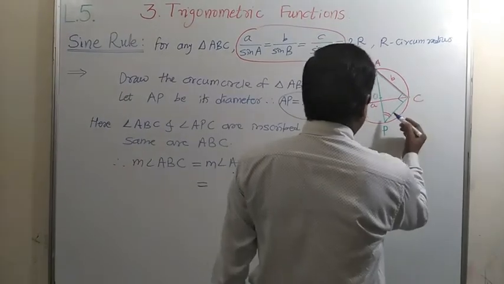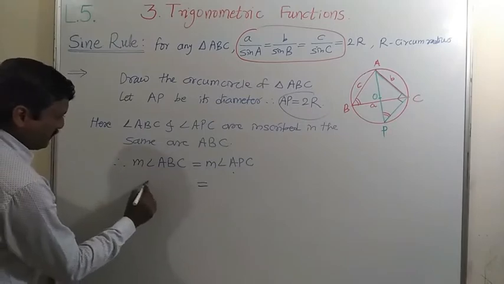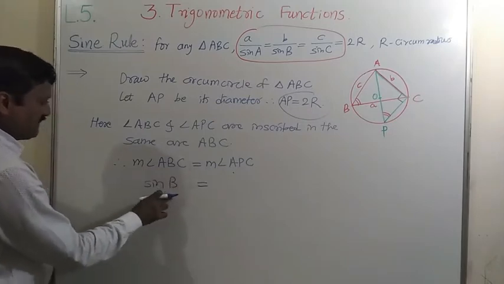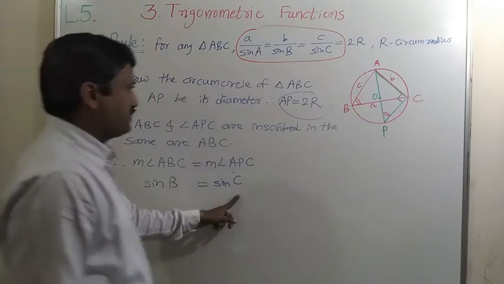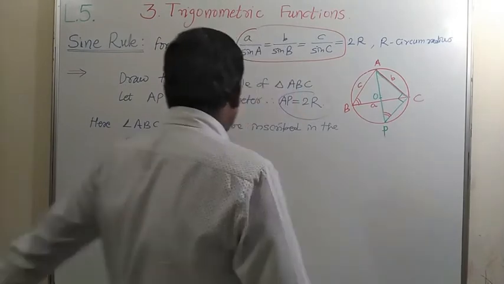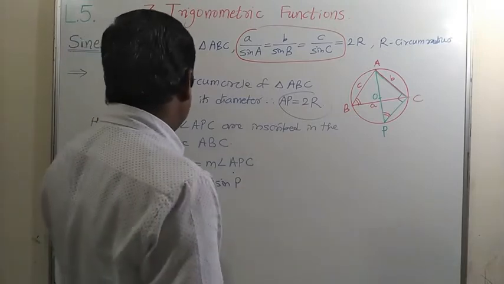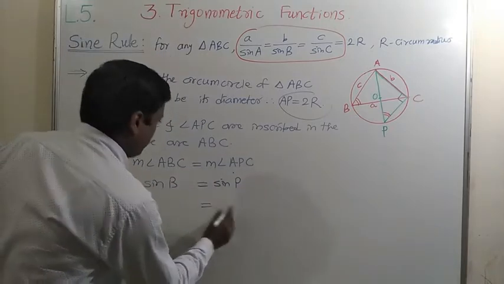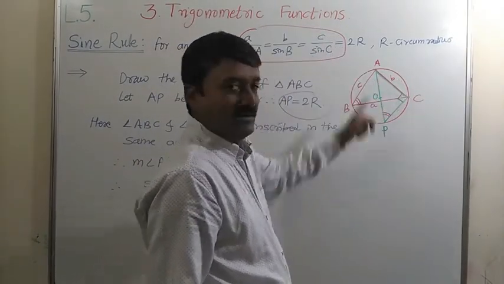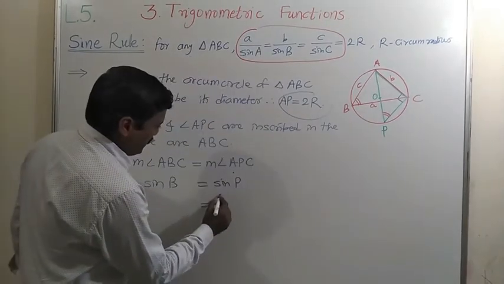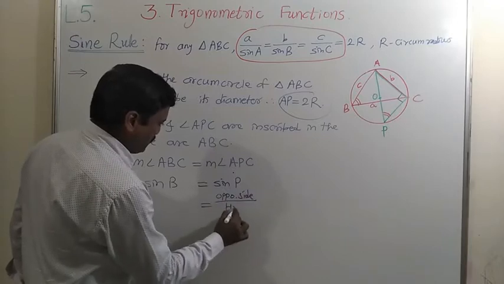Therefore from this we can write sine of angle B, where B is the vertex B, is equal to sine of angle P. Angle APC is P. In this right triangle, sine P is nothing but the opposite side upon hypotenuse.